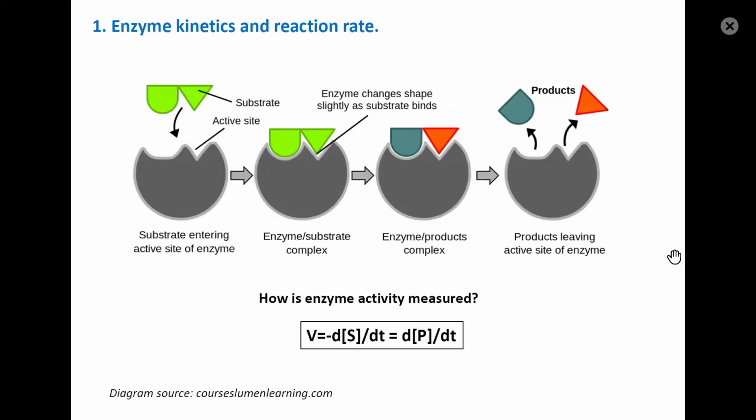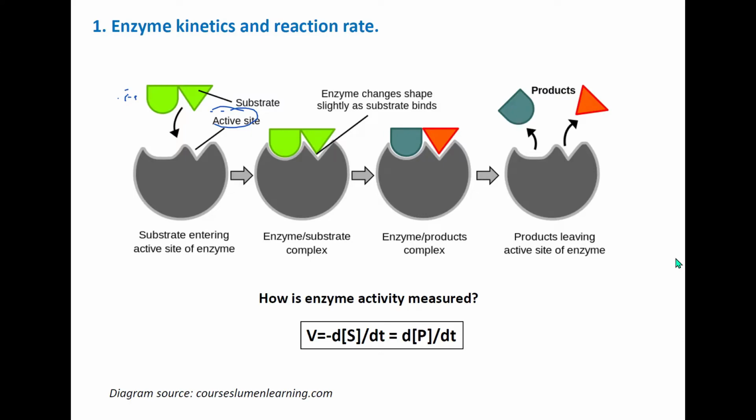And then, this is how the reaction usually takes place. Here we have an enzyme, and we can see clearly here, this is the substrate, and this is the enzyme. And this is the active site of the enzyme, as you can see from here. So we have the enzyme plus substrate.